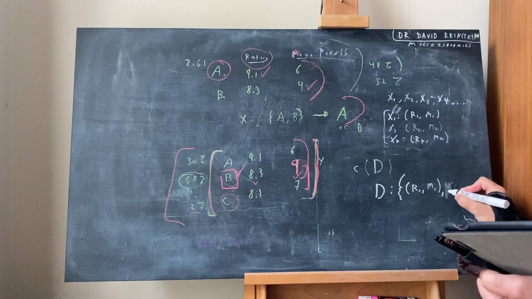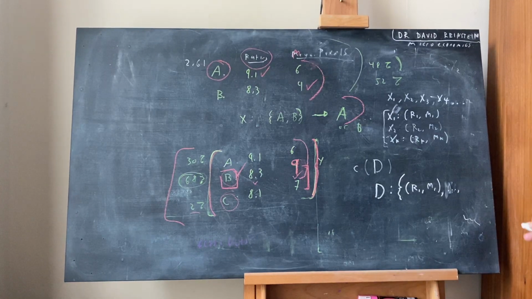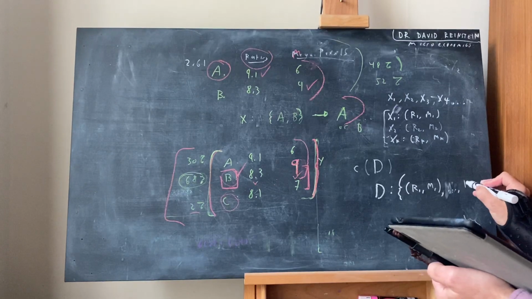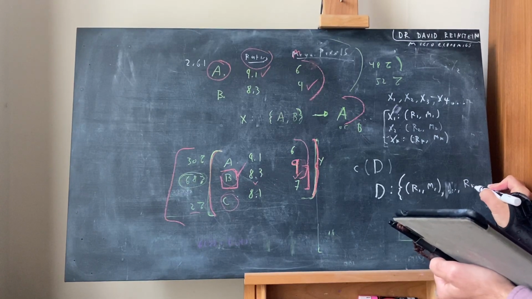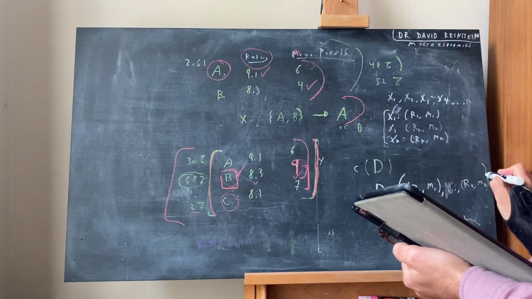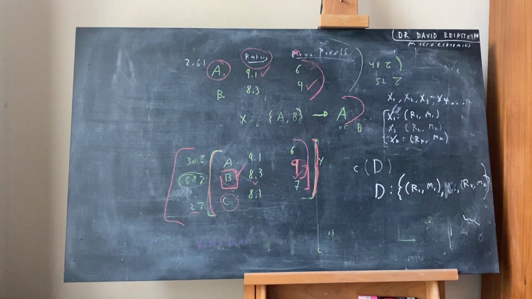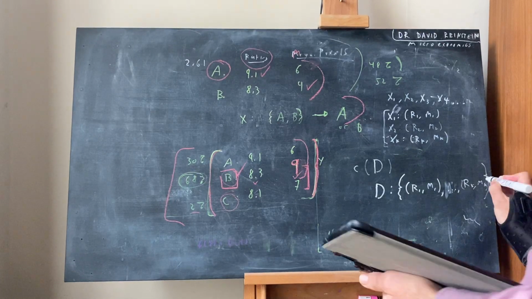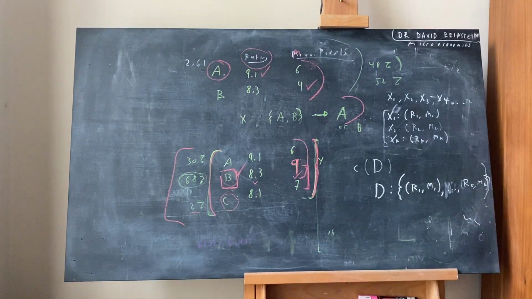And then it'll have maybe R2, M2, or maybe just another final element, RK, MK. That's the choice set. Okay, I want to specify what choice I would make in such a choice set.